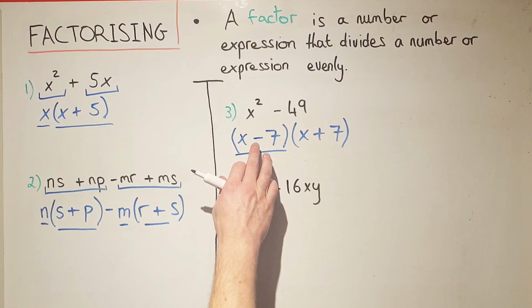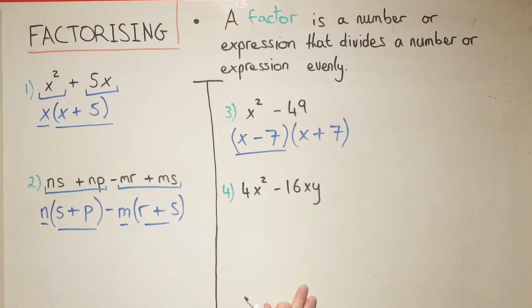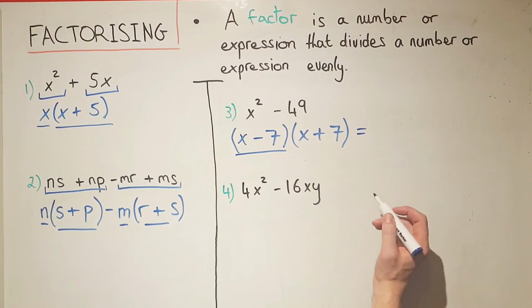Well, if I had a plus in here and a plus in here, if you multiplied that out, you would see that you'd be left over with an additional algebraic term. So to verify that these are the correct factors, you could just multiply it out and prove it to yourself.